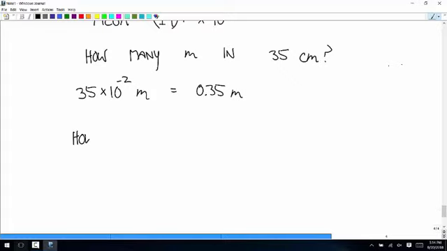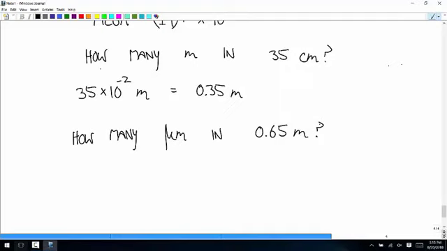So let's say how many microns, micrometers, are there in 0.65 meters? So this time we're starting without a prefix and we're trying to add one.